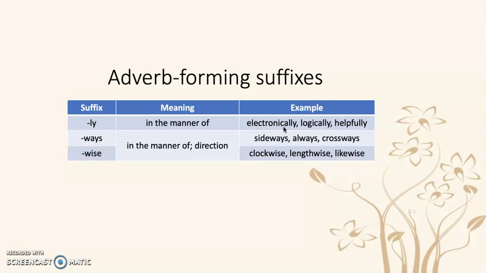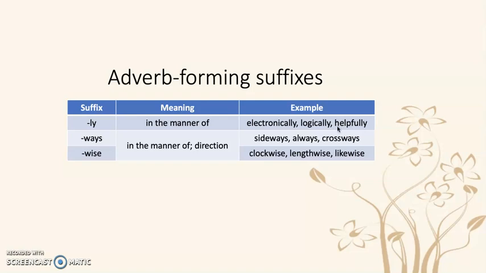So electronic was an adjective. We add this to the end and we get electronically, which is an adverb. Here we have logical, which was an adjective. We add just another ly to the end and we get logically, which is an adverb.